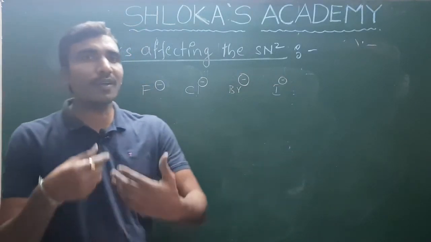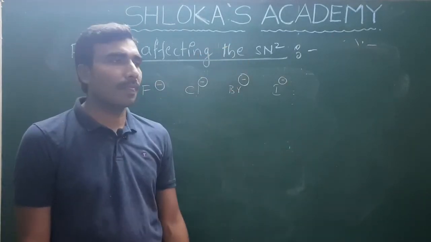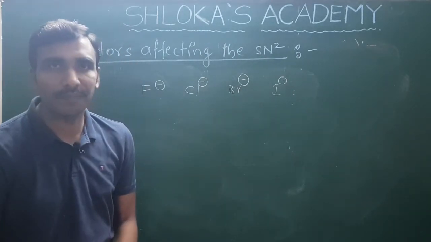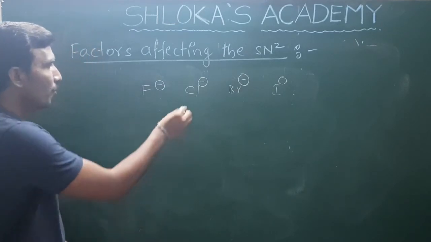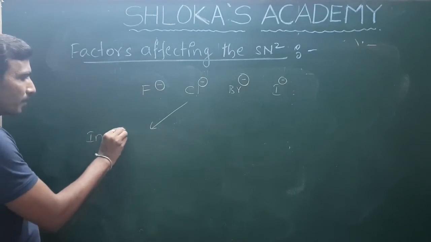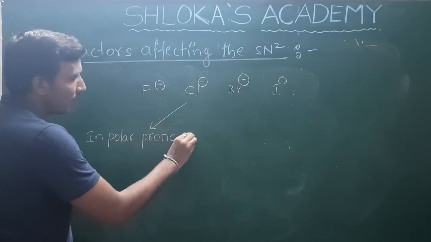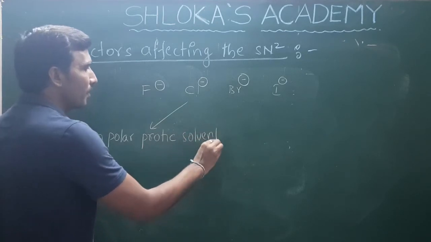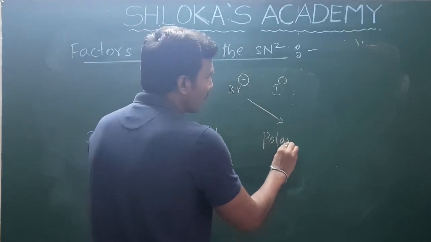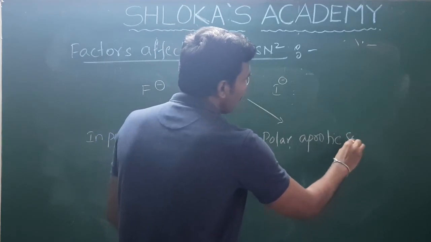If I ask what could be the nucleophilicity order towards the SN2 mechanism, we cannot say unless the solvent is given. So I can write two orders: one in polar protic solvent, and another in polar aprotic solvent. I will explain, then you will come to know the order.